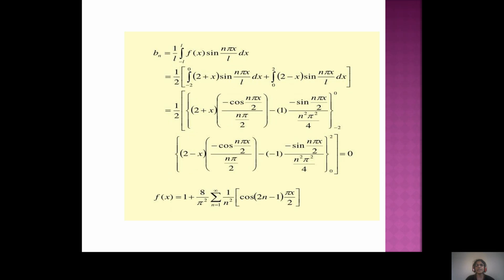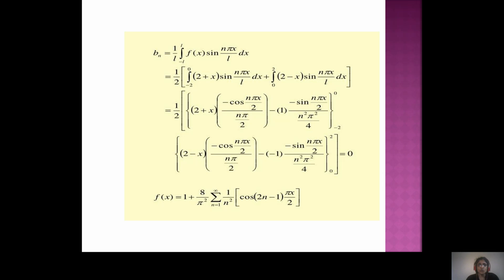Then how do you find the bn? Same thing, in terms of sine. 1 by 2 integral of minus 2 to 0, 2 plus x sin n pi x by l dx, plus 0 to 2, 2 minus x sin n pi x by l dx. So 1 by 2 into 2 plus x into minus cos n pi x by 2 by n pi by 2, minus 1 into minus sin n pi x by 2 by n square pi square by 4, at the interval minus 2 to 0.